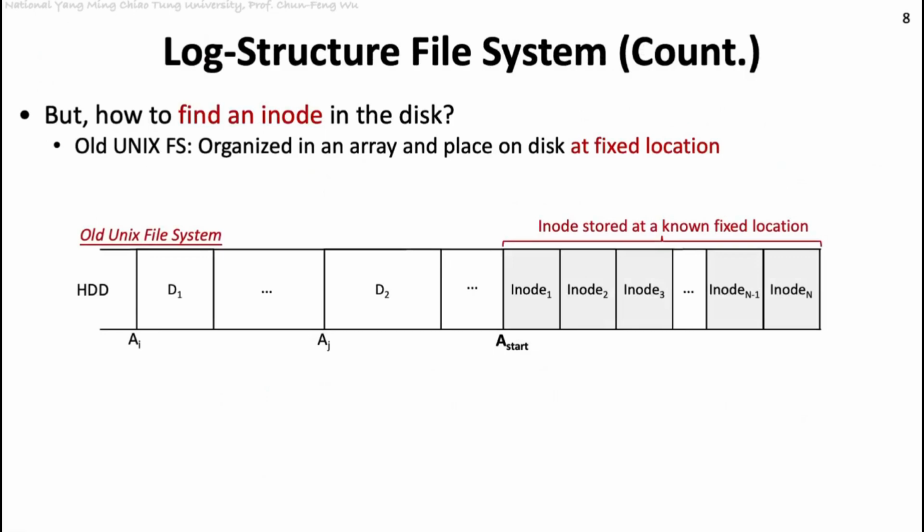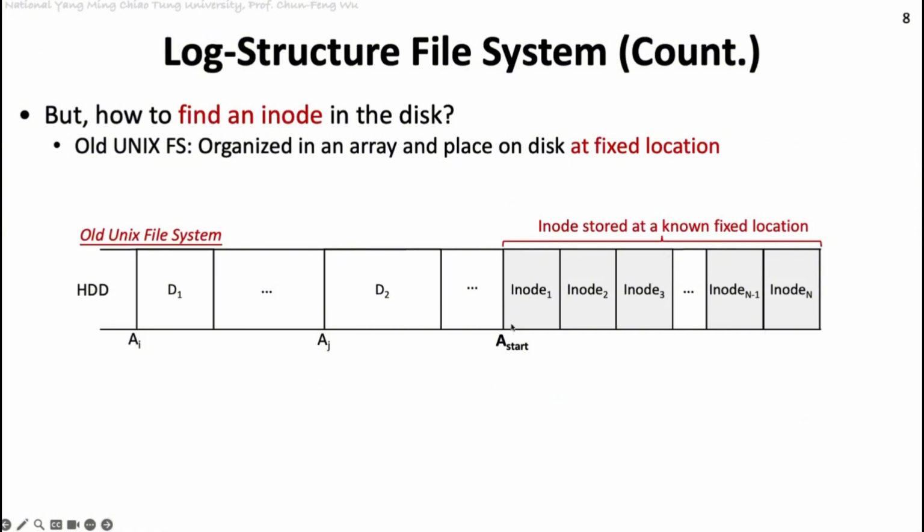At the beginning, when we partition the disk and mount the file system on it, we allocate a continuous space, with a space like A start here, and before the A start are all inodes. So we put the inodes together at the bottom or maybe at the head of the disk. In this way, we can easily find where the inode is.